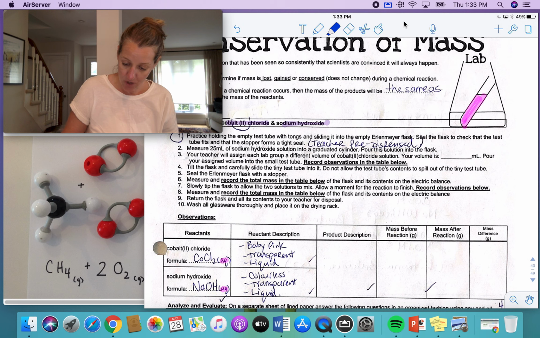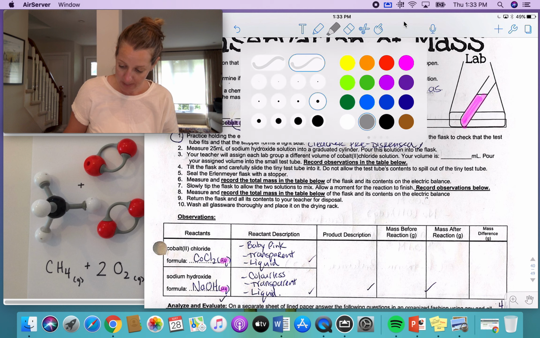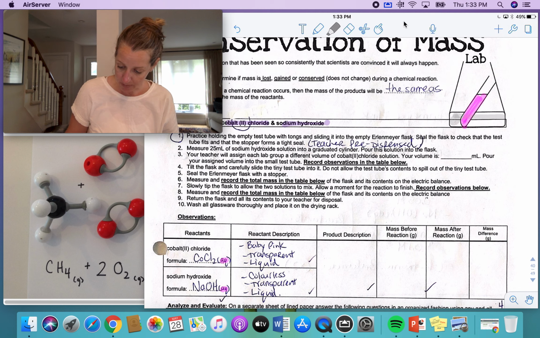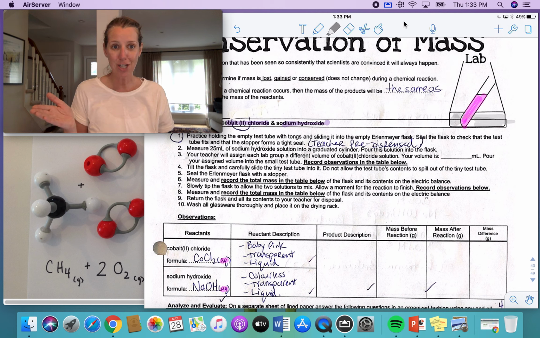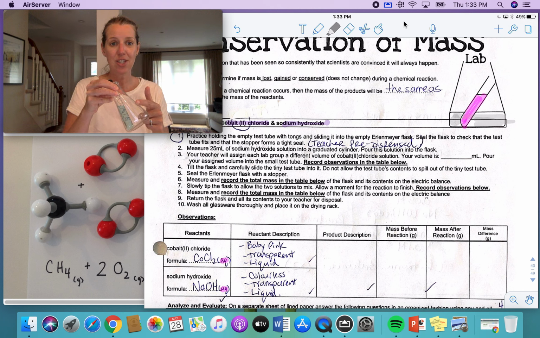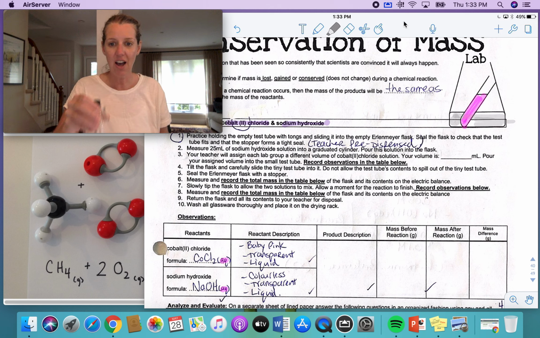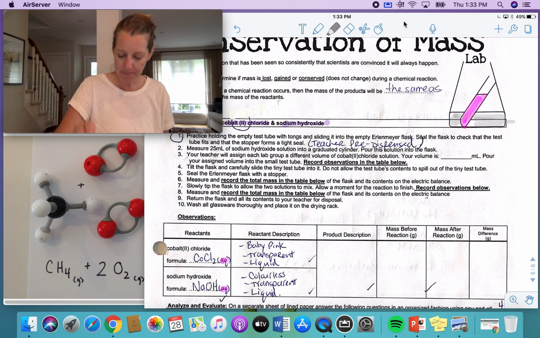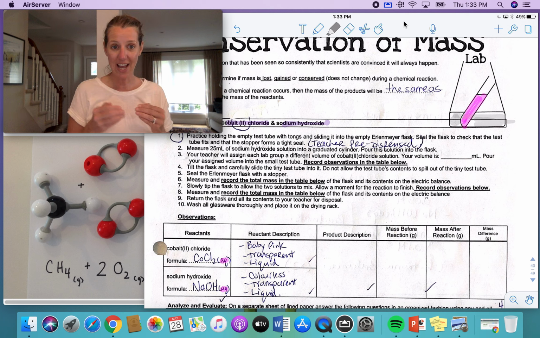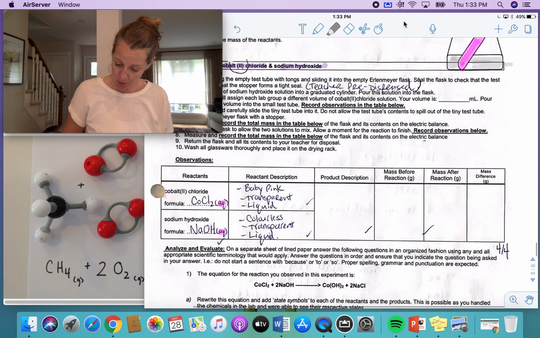Now, sodium hydroxide is transparent and liquid, but I just want to show you that I've got one solution sitting in the bottom of my Erlenmeyer flask and another solution sitting in my test tube, with no reaction yet. If you take the total mass of this entire apparatus ahead of time, before the 2 reactants react together, then you could fill that in your table right here.